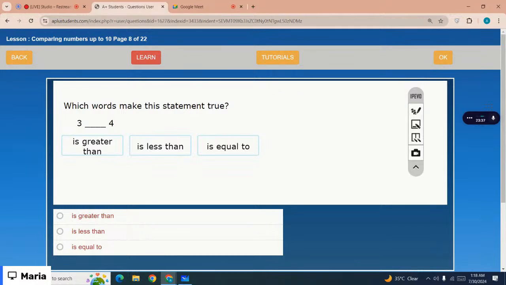Yes, 3 is less than 4. The correct option is less than. Option number 2 is the correct option.